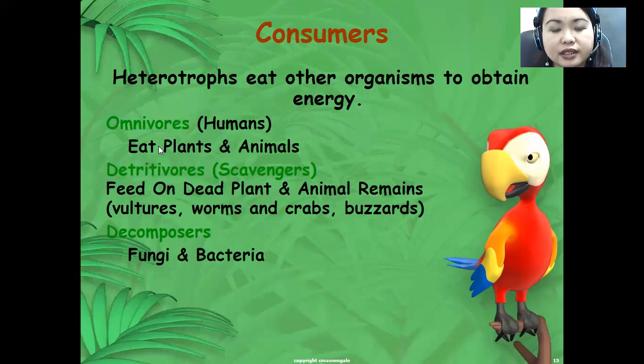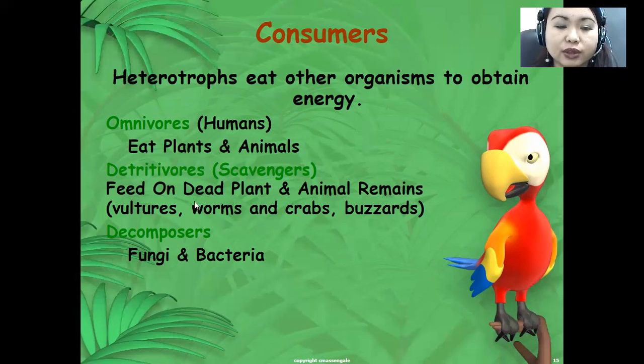Aside from the herbivore and the carnivore, we also have the omnivores, and under this are humans because we eat both plants and animals. If you're not a vegetarian or whatever, most humans are omnivores. We also have scavengers called detritivores.